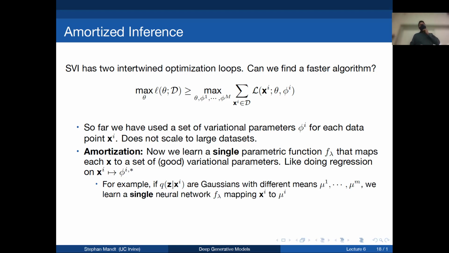The question was, why does every xi need its own set of variational parameters phi i? This is actually not generally the case, but oftentimes many deep latent variable models that we'll care about, like variational autoencoders, have that structure, where essentially every data point has its own set of latent variables. Think of the variational autoencoder.